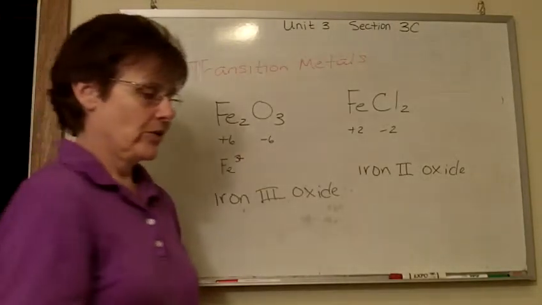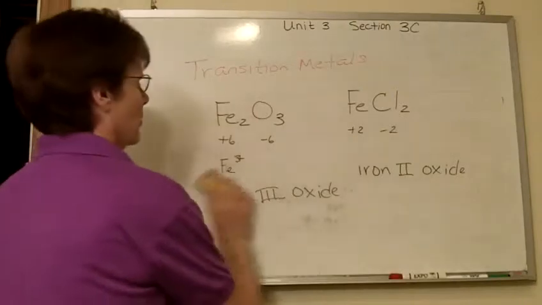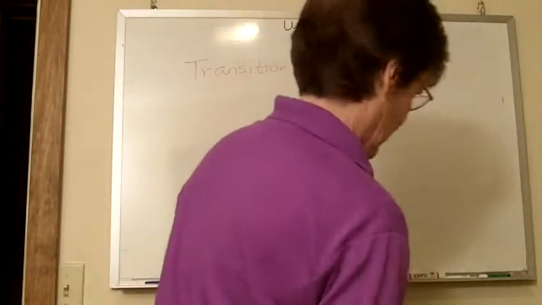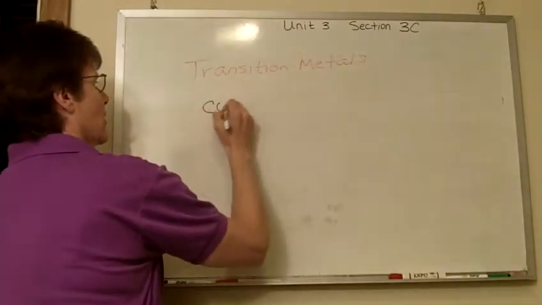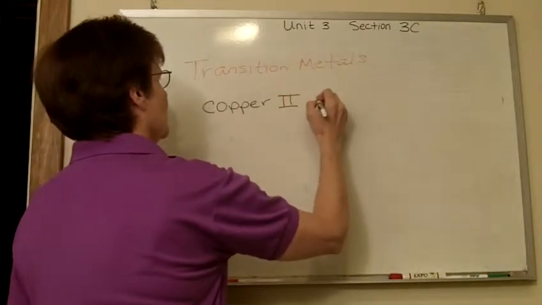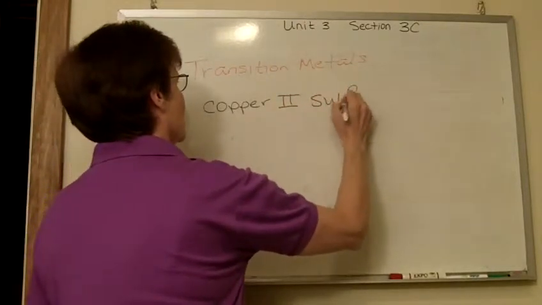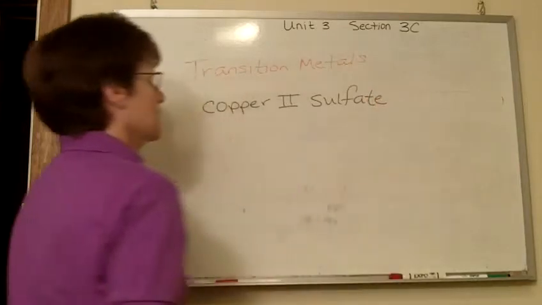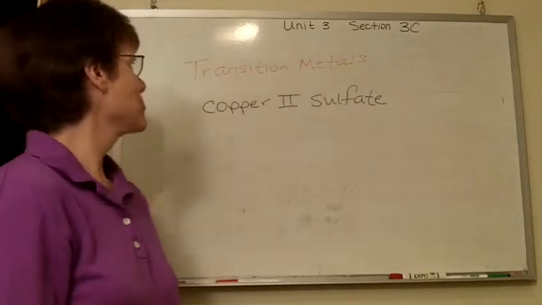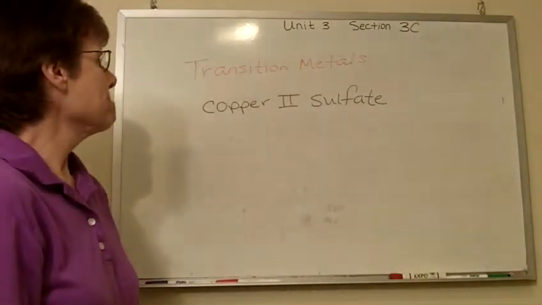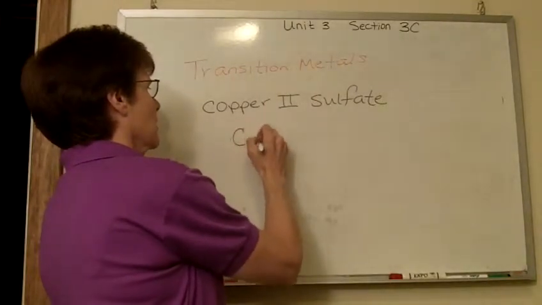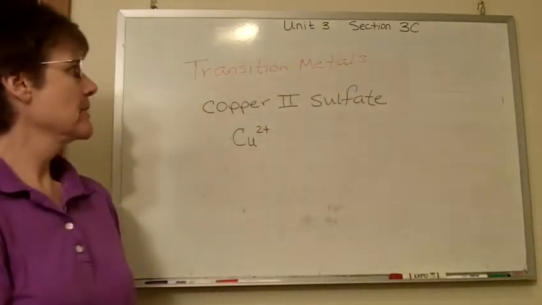So now we have to go backwards. Let's say that we're going to start with the names. Let's do this one: copper 2 sulfate. These are those pretty blue crystals that you've used at least once already this year. So I'm going to start here and say copper 2 must be that.